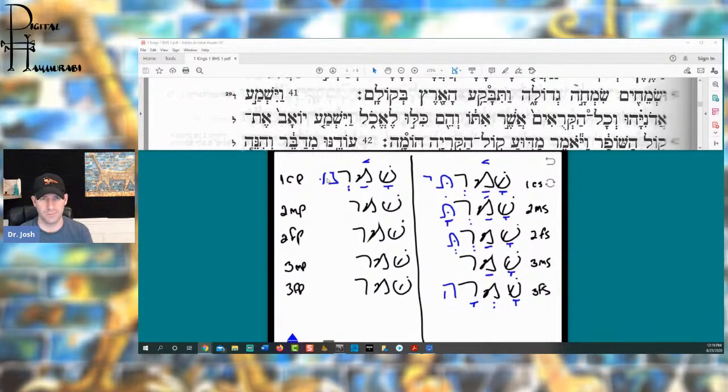Shamarnu. Now that looks probably really familiar. Li, lecha, lach, lo, la, lanu. We guarded. Notice still not heavy enough. It's not shamarnu, it's shamarnu.